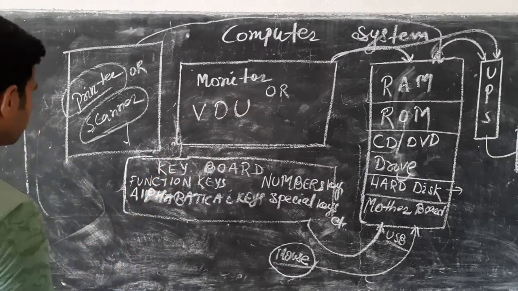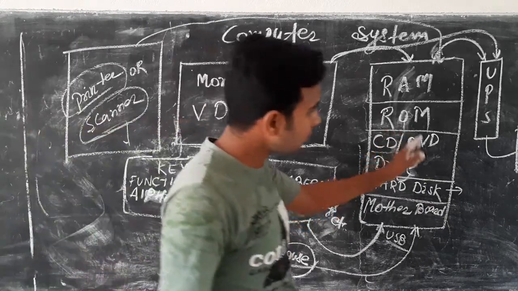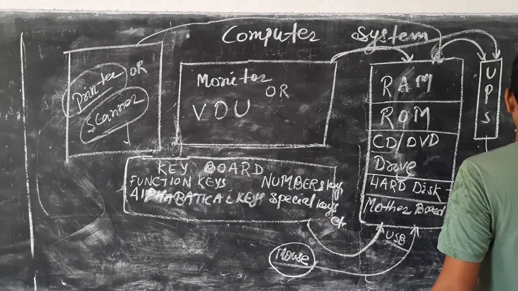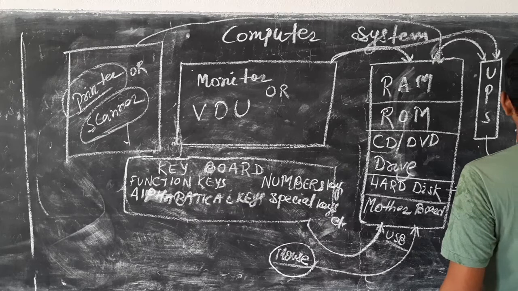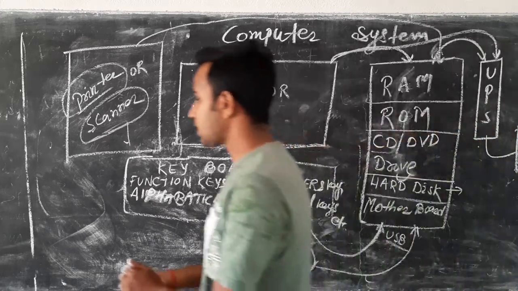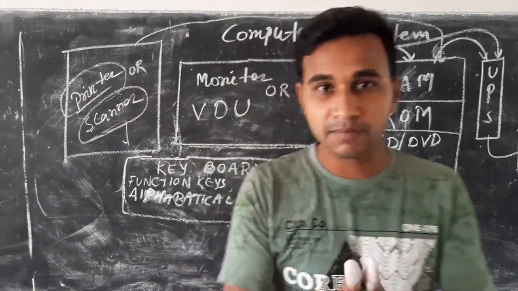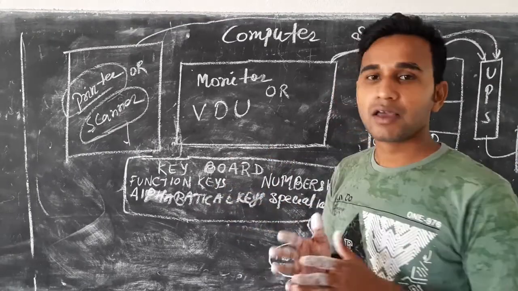Next thing, again discussing all the things. This is the electricity board. So let's start again with the devices of our computer system. Now we have discussed all things related to the computer system.